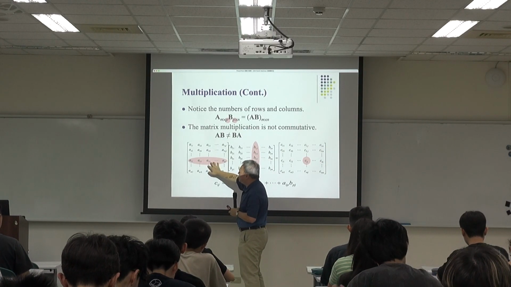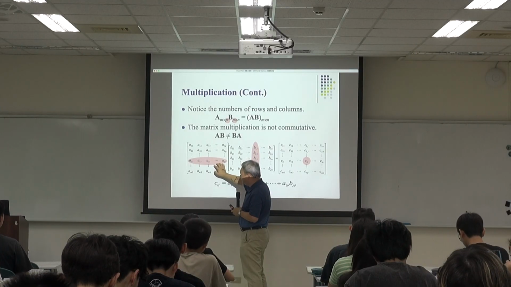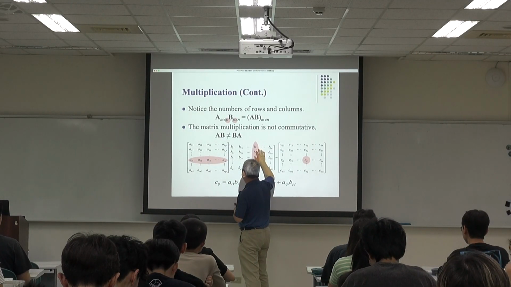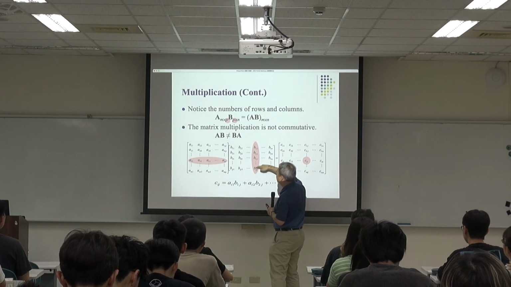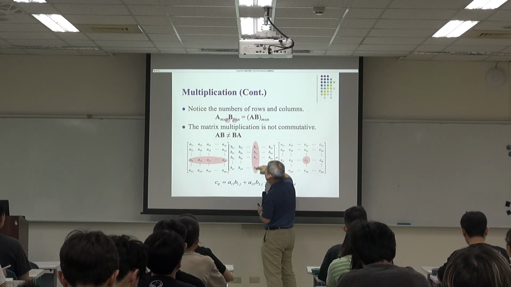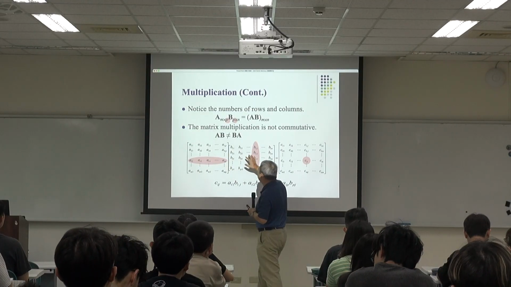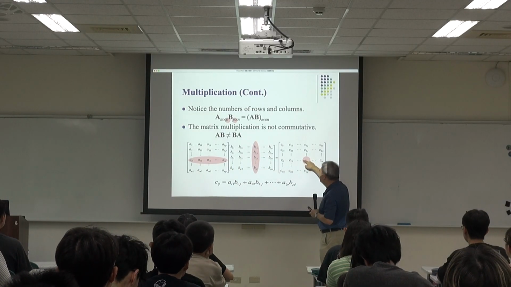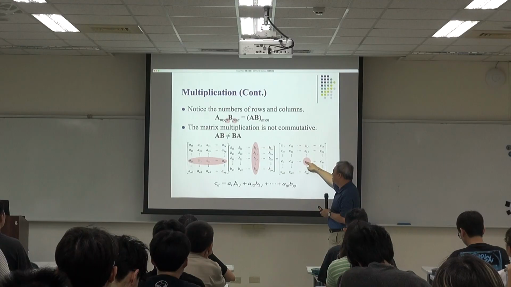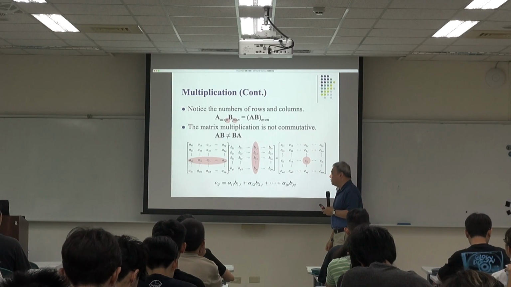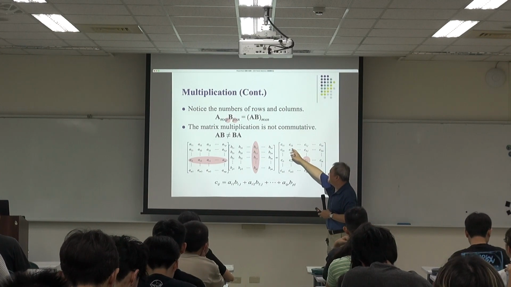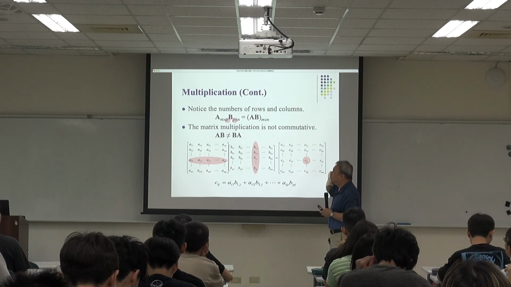Because this one has p columns and this one has p rows, we have exactly the same number of elements, so we can multiply them one by one and add them up together to get an element Cij here. We do this for every Cij.